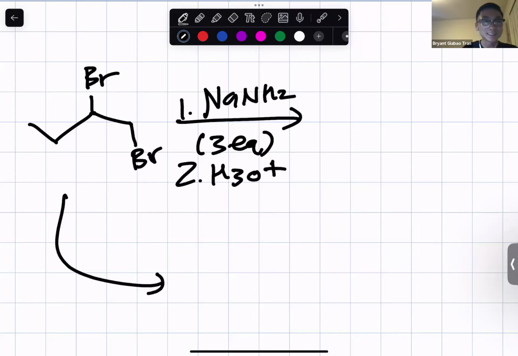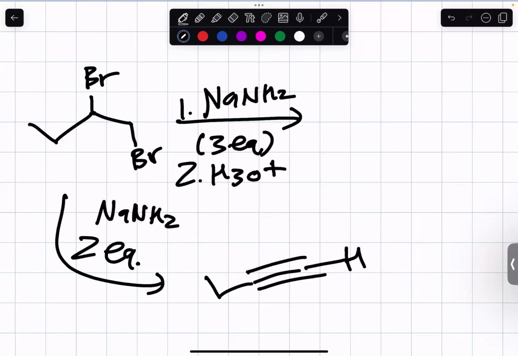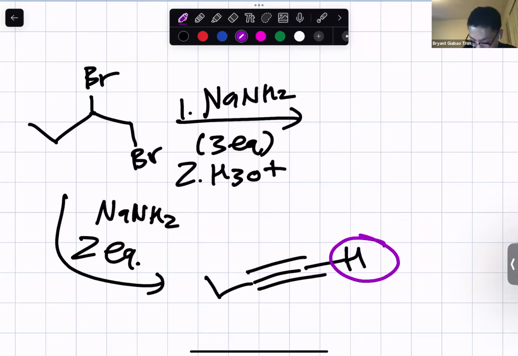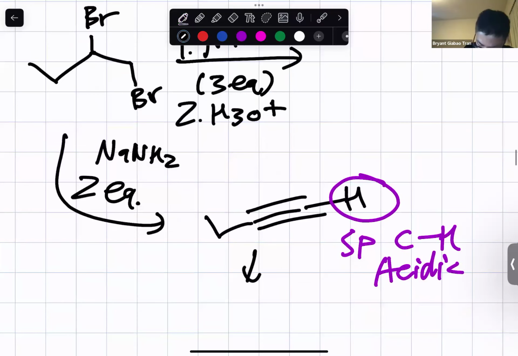Right. So that's the confusing concept, because after 2 equivalents of the strong base, you already get to your terminal alkyne like that, right? Where you could just stop here. But this is just a conceptual thing. This sp hydrogen here is acidic. So some of it will actually be deprotonated to give us the alkyne anion here, right?